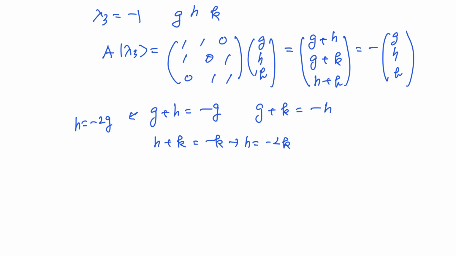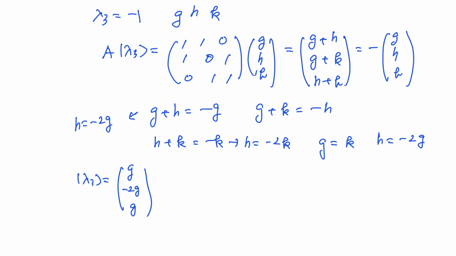That means G is the same as K, right? And H is minus 2G. So lambda 3 is G, minus 2G, G.